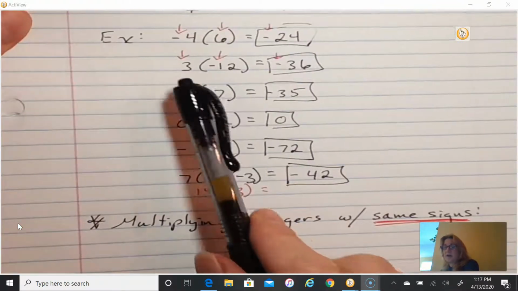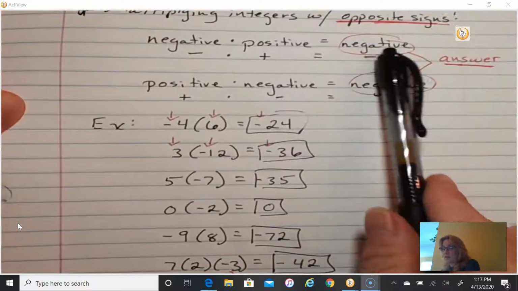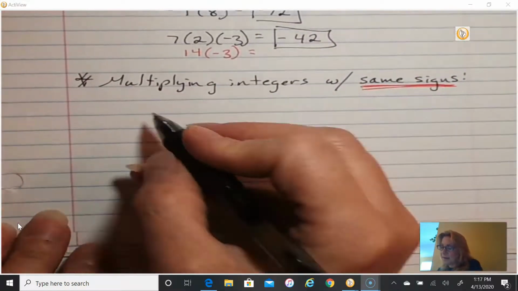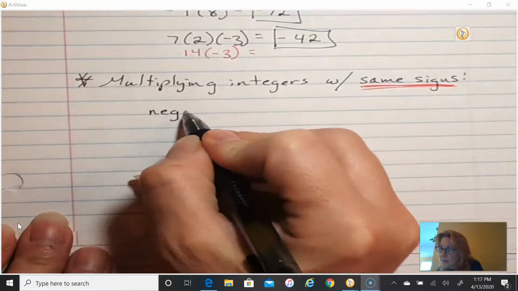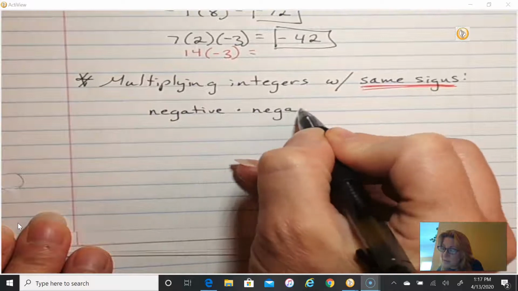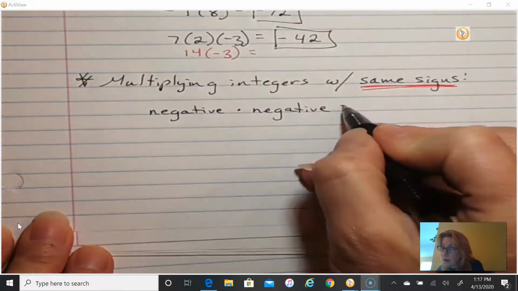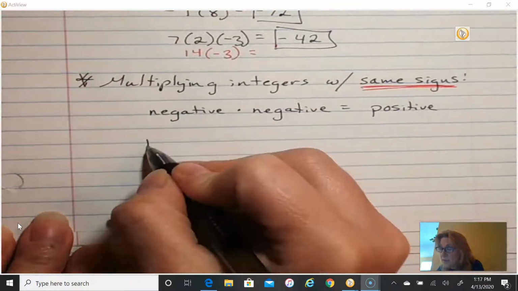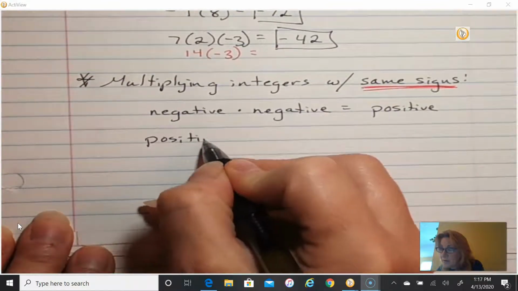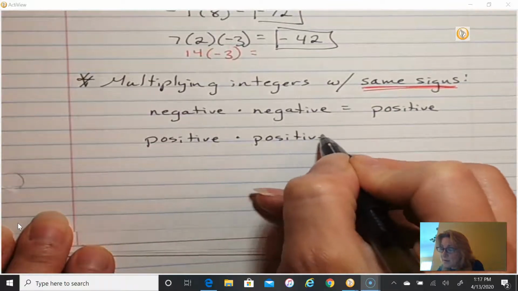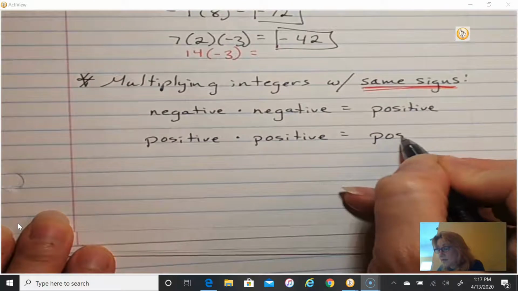Back here, if the signs are different, the answer is always negative. Well, in this case, if you have a negative times a negative, your answer is positive. If you have positive times positive, the answer is positive.